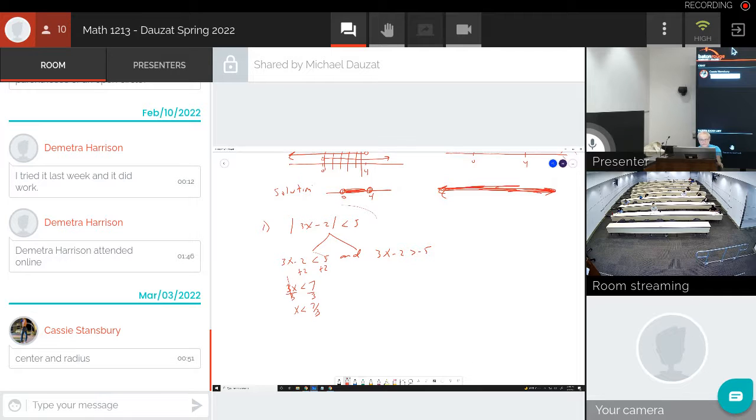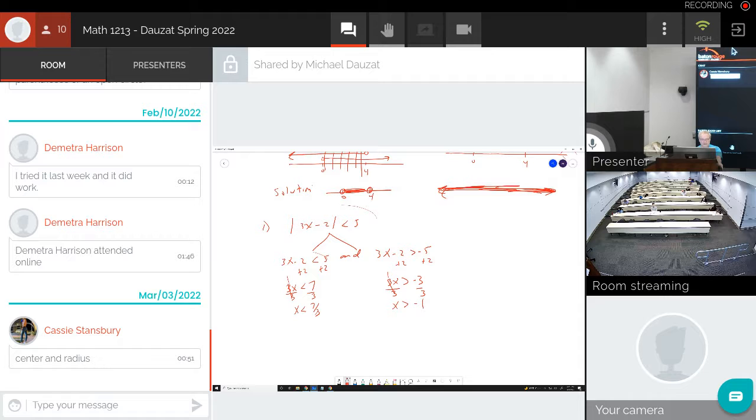Now let's do this one. Add 2 to both sides. I get 3x is greater than negative 3. Divide both sides by 3. I get x is greater than negative 1. So x is greater than negative 1 is a solution to this inequality here. But remember, I'm interested in the original absolute value inequality.